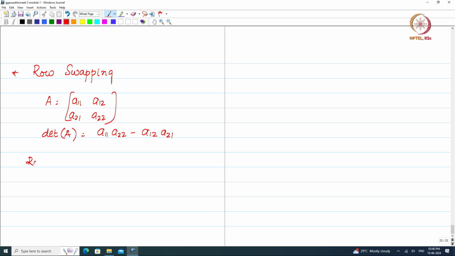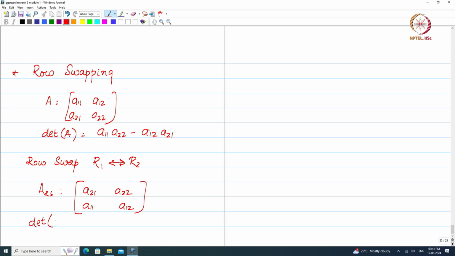Suppose we swap R2 and R1, we get the new matrix A row swapped, equal to A21, A22, A11, A12.